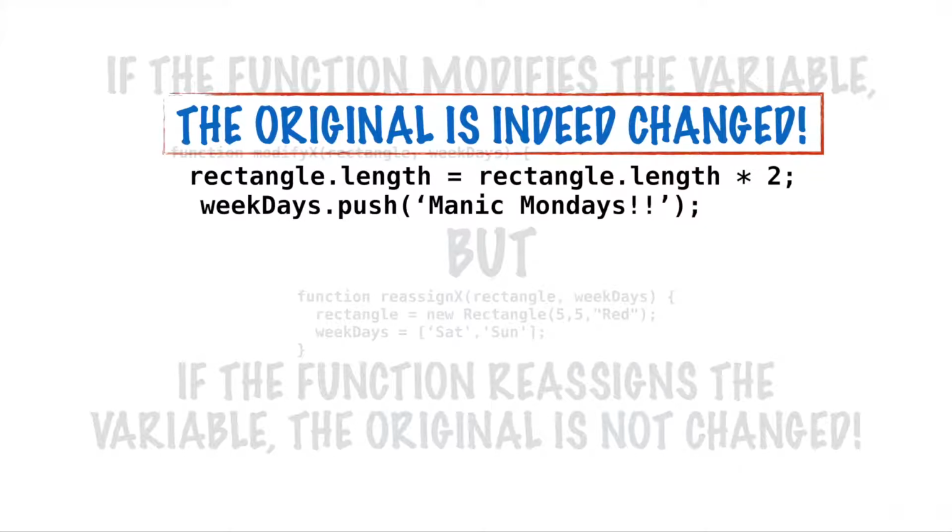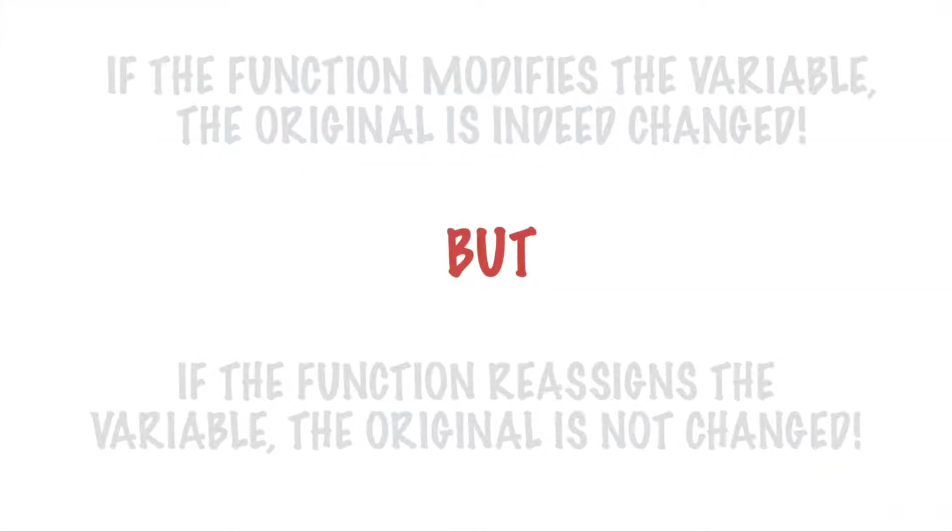The calling code which passed in the rectangle object and the weekdays array will find outside this function that the length has changed and the weekdays array has an additional element called Manic Mondays. So if the function modifies the variable, the original object and array is indeed changed.